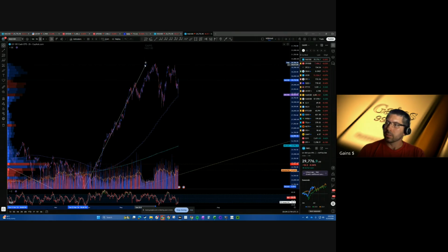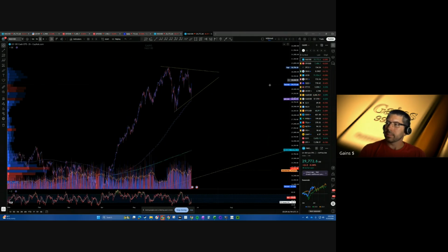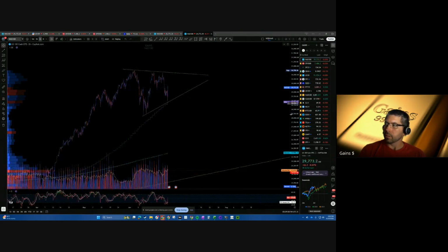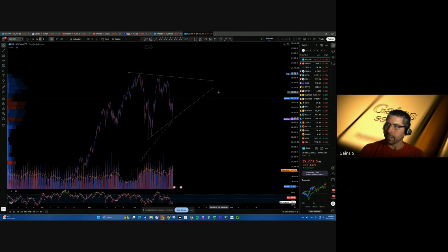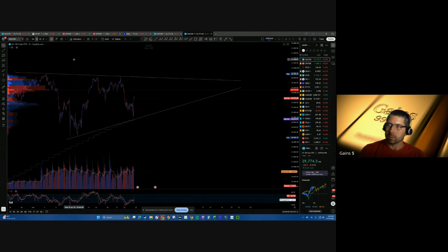If I take out all these lines, it's starting to look like a consolidation triangle. These are usually a means to an end, but I don't think the sellers are quite done yet. There was a short squeeze after hours here.